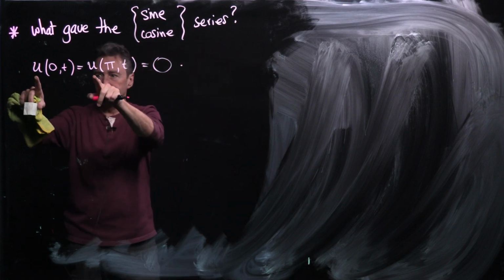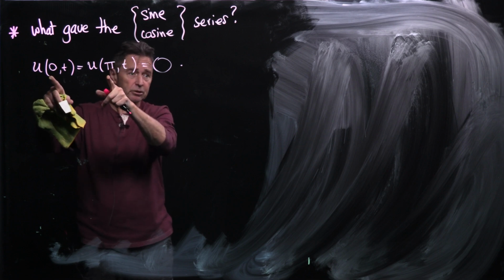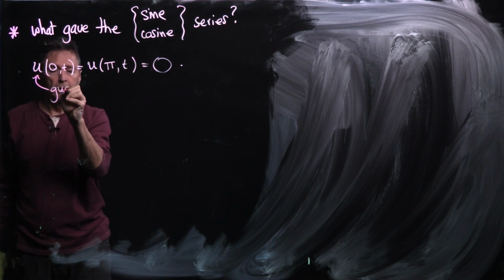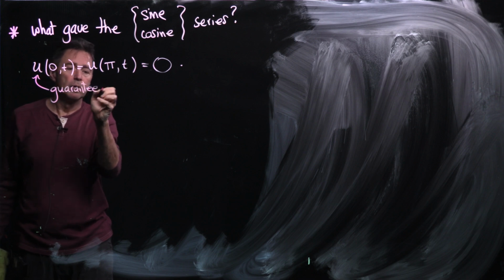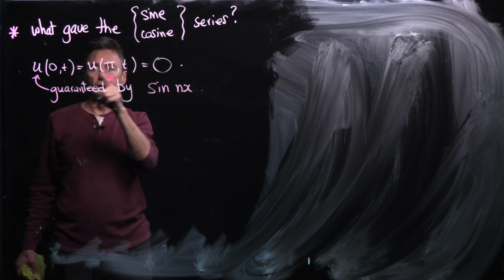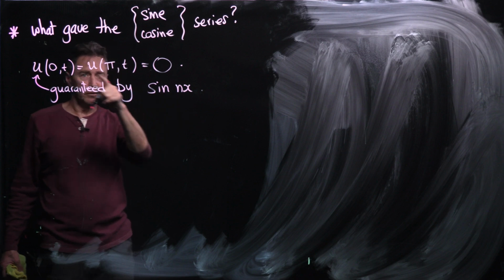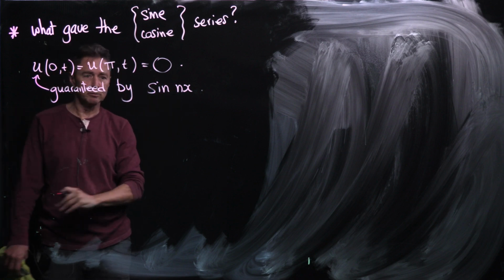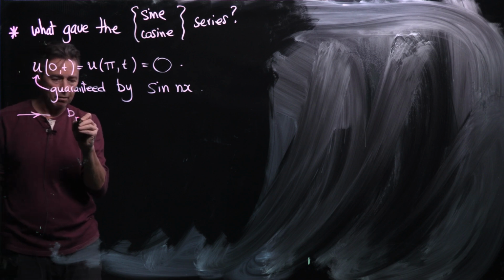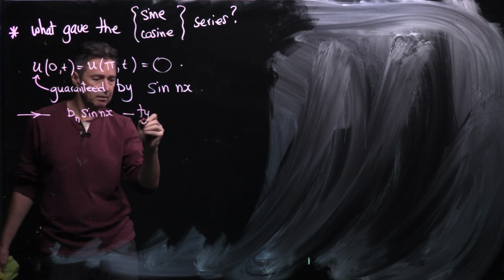I needed to get the thing to vanish at those particular points. The sine functions do that, and we're going from 0 to pi. Sine of nx, if I put pi in there, guarantees those boundary conditions. And that means we end up with a bn times a sine nx type series.